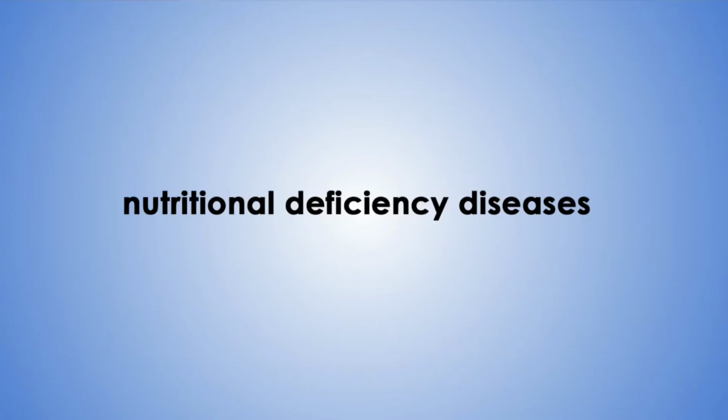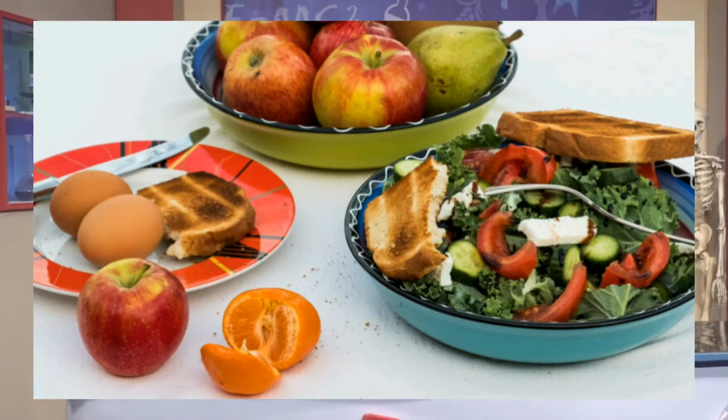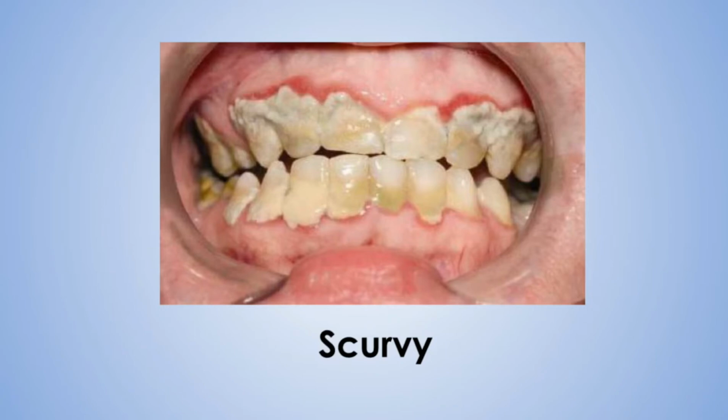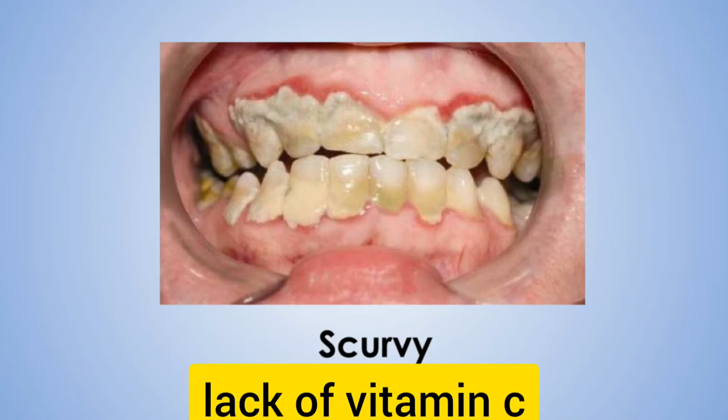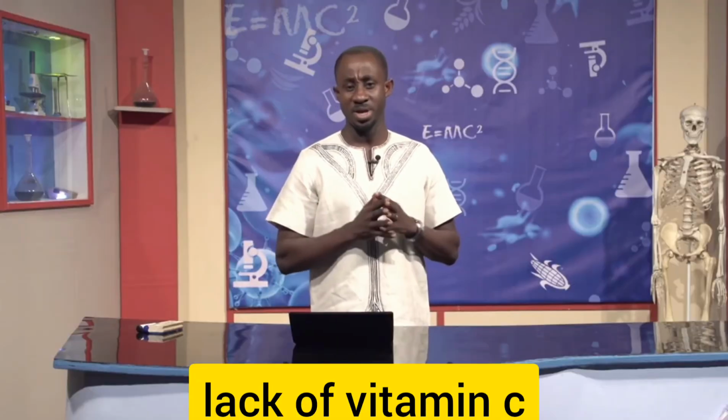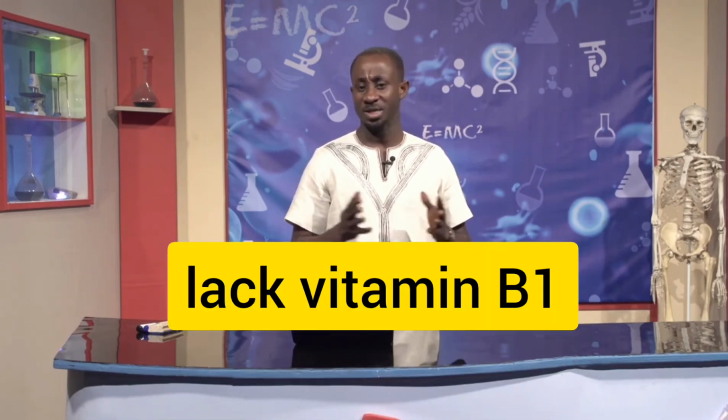Diseases that are caused by lack of one or more nutrients in one's diet are called nutritional deficiency diseases. Typical examples are scurvy, which is due to the lack of vitamin C, beriberi, which is due to the lack of vitamin B1, and night blindness, which is due to the lack of vitamin A.